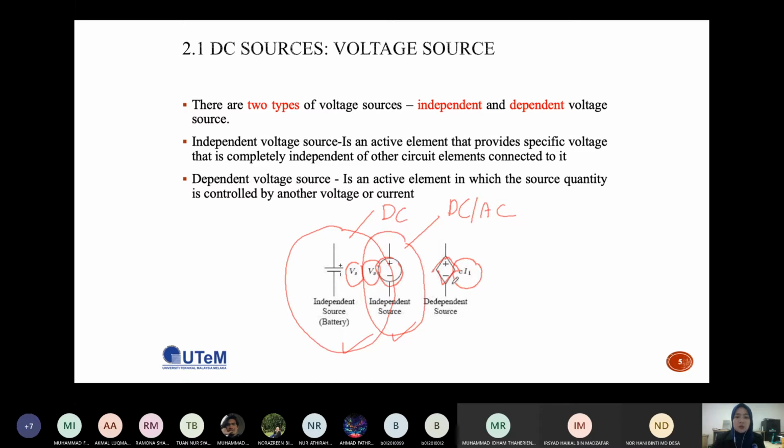For this one, even though it is a voltage source, the value is actually dependent on I1. I1 is the current. That's why for the dependent source, this one, we call it a current controlled voltage source. The voltage source is controlled by the current I1.